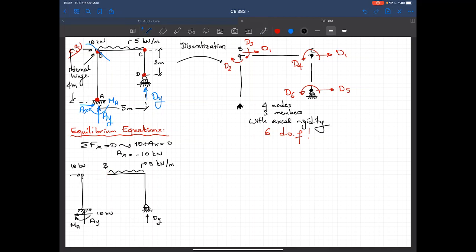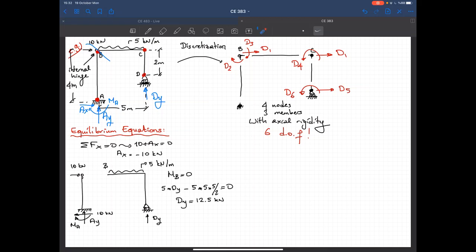That's point B. So moment at B is equal to 0. So this tells me that 5 times DY, I'm taking moment with respect to point B, minus 5 times 5 times 5 over 2 should be equal to 0.